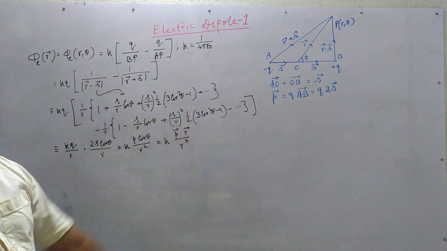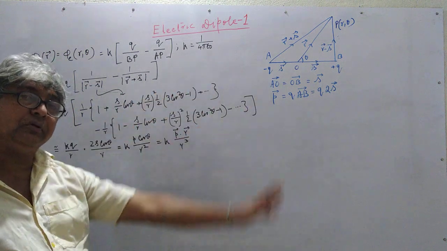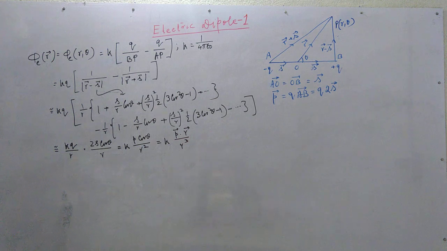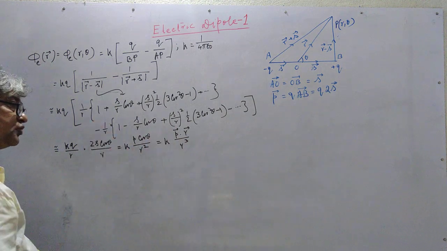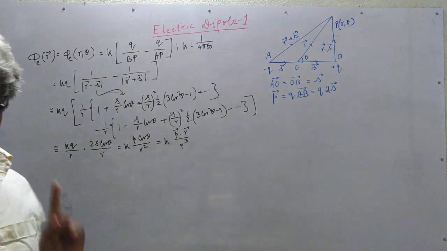Then the quadrupole term will be 0 for this particular system, and then the octupole part will come. So this is all about the potentials. Note that the potential varies as 1 by r square, unlike the potential due to a point charge, which varies as 1 by r.